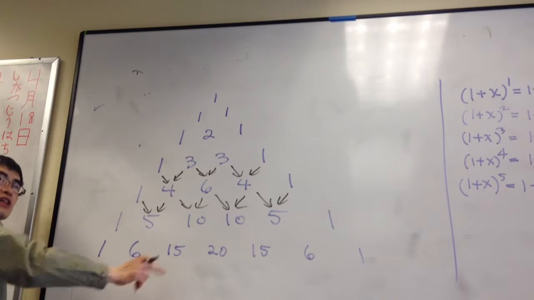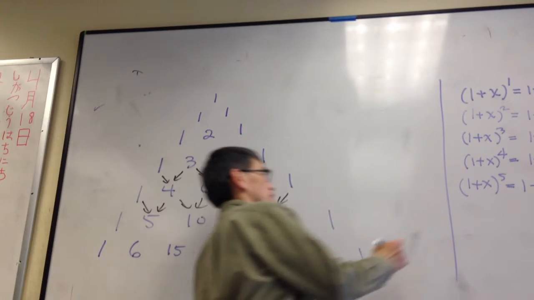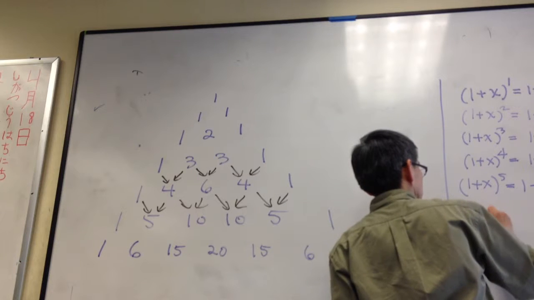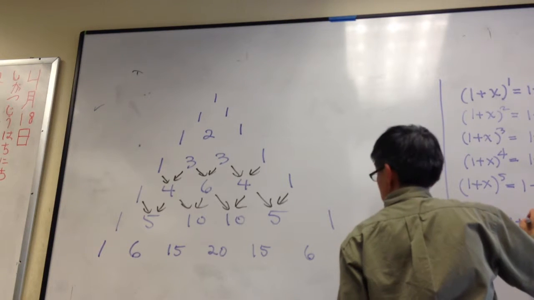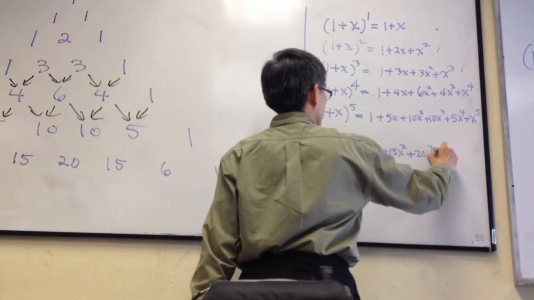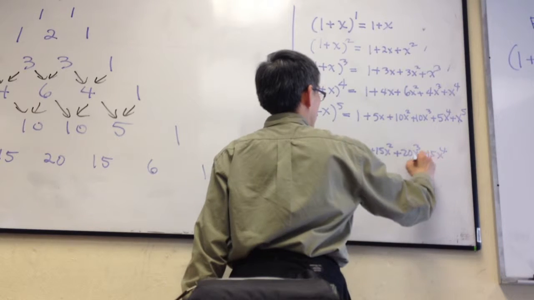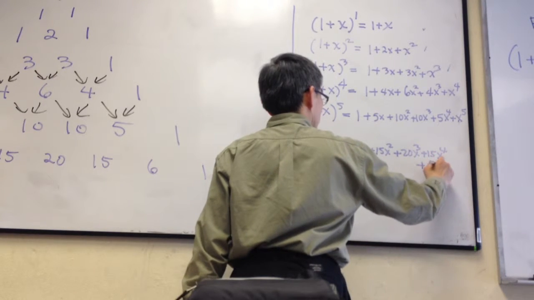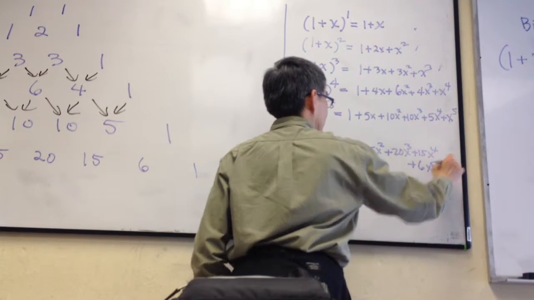Always start with 1 and end with 1, right? Which means that (1 plus x) to the sixth power is 1 plus 6x plus 15x squared plus 20x cubed plus 15x to the fourth power plus 6x to the fifth power plus x to the sixth power.